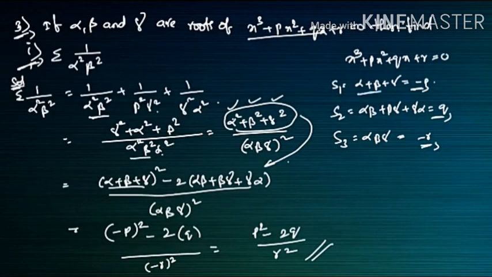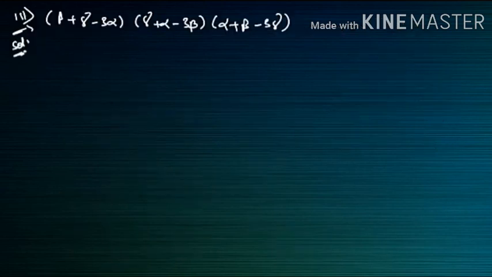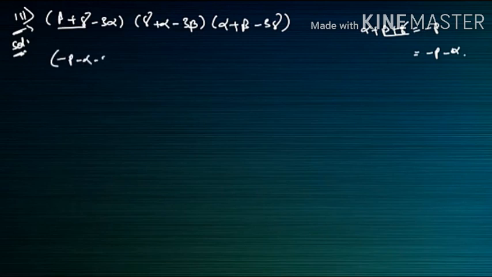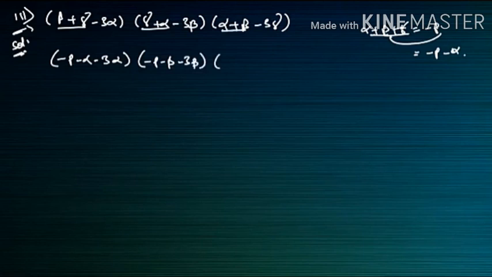So here S1 is equal to alpha plus beta plus gamma, which we have got here as minus p. So alpha plus beta plus gamma is equal to minus p, and from this beta plus gamma is equal to minus p minus alpha. In this equation we are going to substitute: minus p minus alpha minus 3 alpha, which gives minus p minus 4 alpha. Similarly alpha plus gamma is minus p minus beta, minus 3 beta, and alpha plus beta is minus p minus gamma, minus 3 gamma.